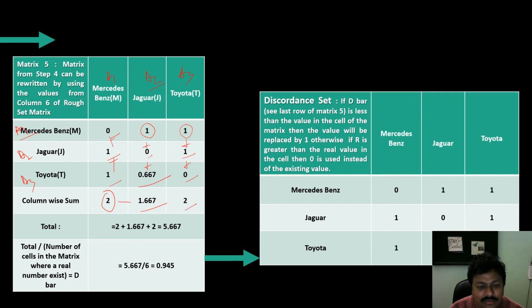And then adding these values, same as the concordance matrix, we get 5.667. Now we divide it by the number of non-zero values. How many non-zero values are there? 1, 2, 3, 4, 5, 6. So there are 6 non-zero values in this matrix. So we divide this value by 6 to find the D bar value.